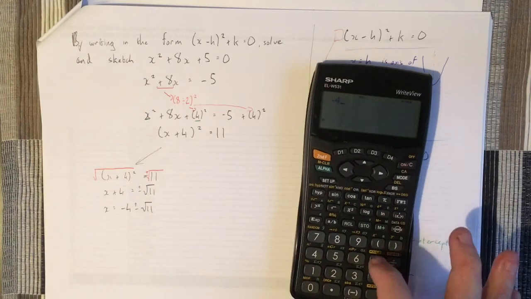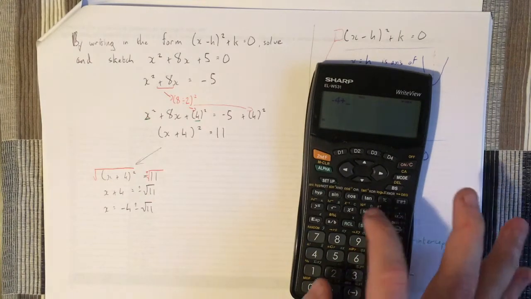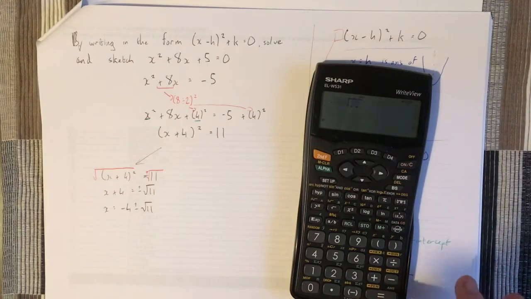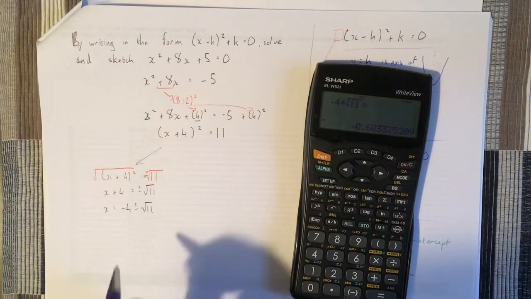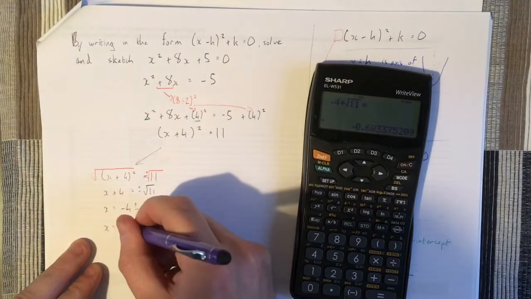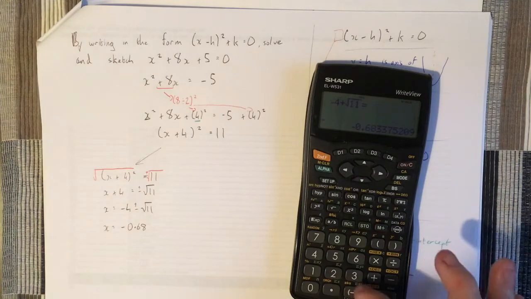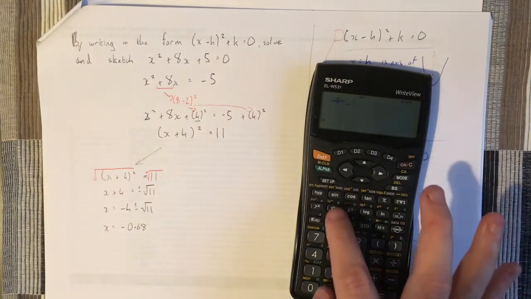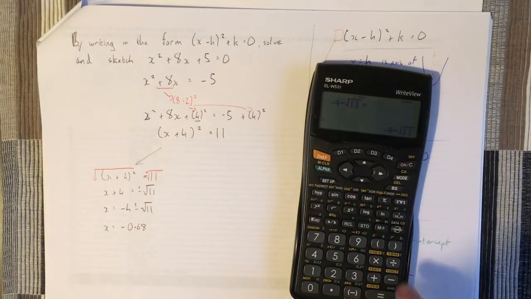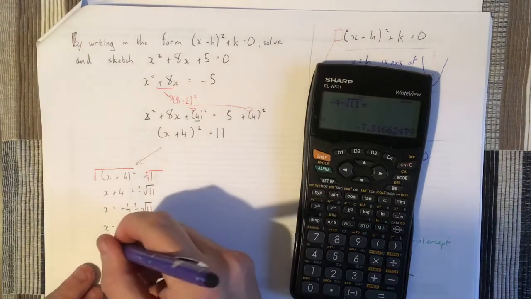So minus 4 plus root 11 is minus 0.68, and then minus 4 minus root 11 is minus 7.32.